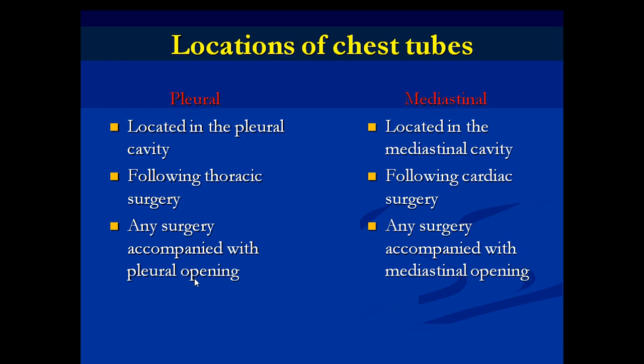So you have to put a drain in the pleural space. It can also be located in the mediastinum following cardiac surgeries or any surgery accompanied with opening the mediastinum, like thymic surgery, which are surgeries performed on the thymus gland, which is present in the anterior mediastinum.